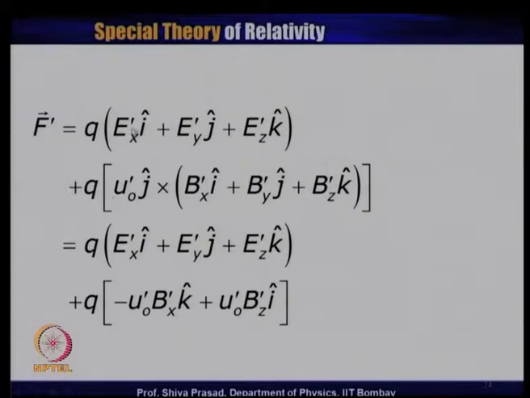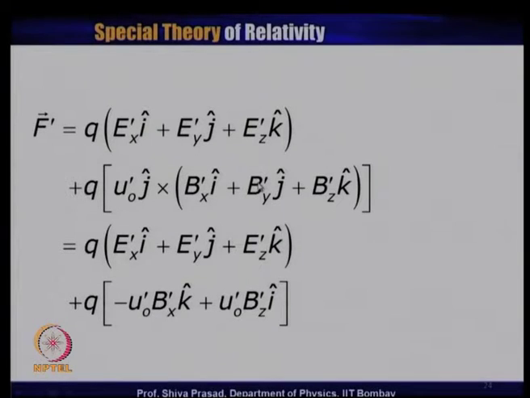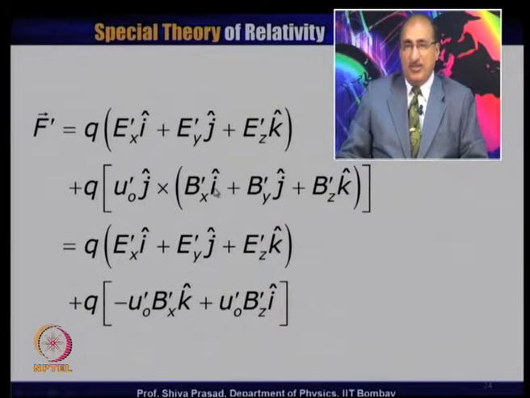So, this first equation is exactly identical to what I have written in my last transparency. Now, let us try to evaluate this. If I take j cross i, this will be minus k, because i cross j is k, so j cross i will be minus k. So, you will have u naught prime Bx prime times minus k.